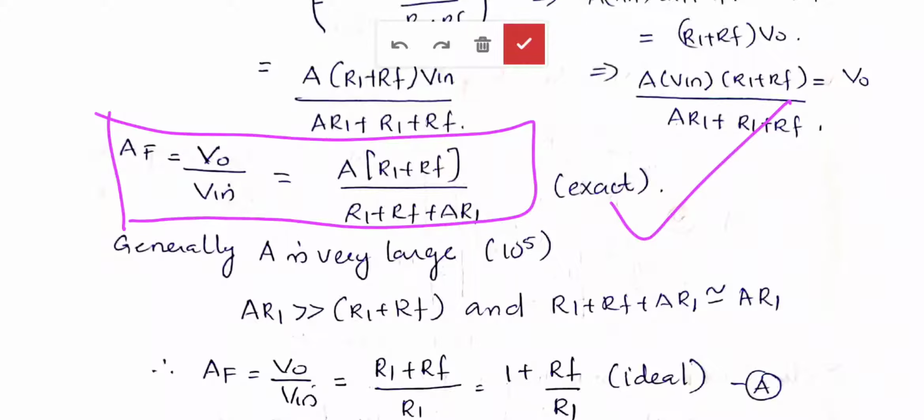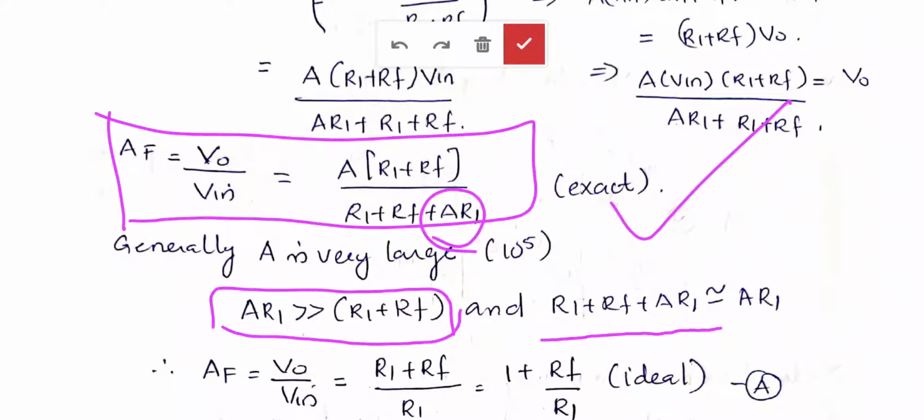Now if we take certain assumptions in this equation, we know for an operational amplifier ideally the gain is infinity. That means the open loop gain A is very large, in the range of 10 raised to 5. So we can write A into R1 is very much greater than R1 plus Rf. So in the denominator, R1 plus Rf plus A into R1 is almost equal to A into R1.